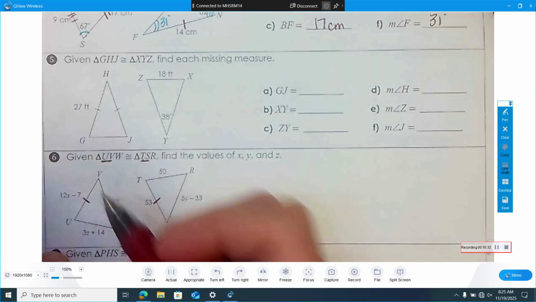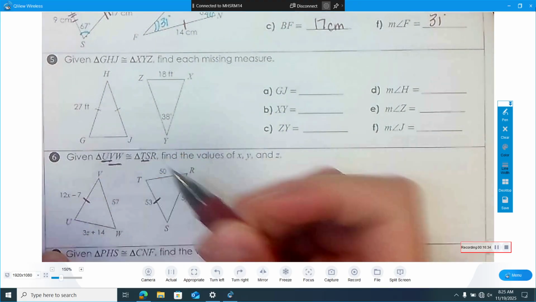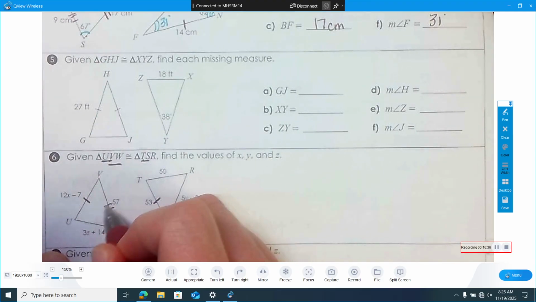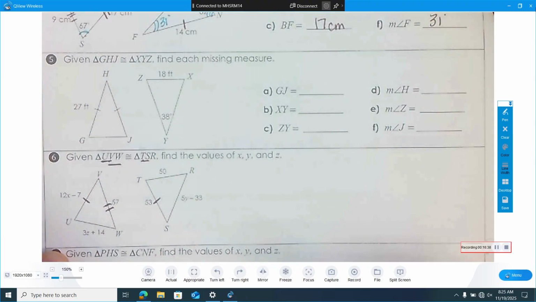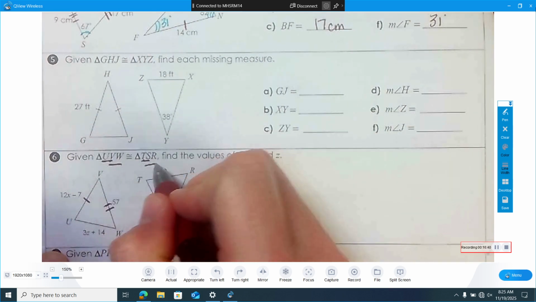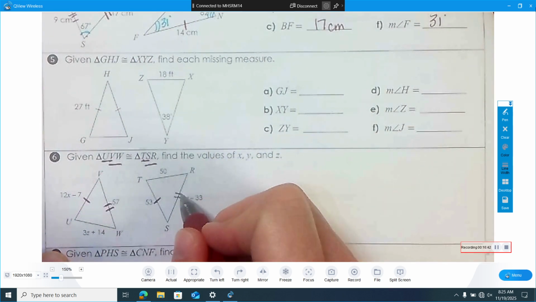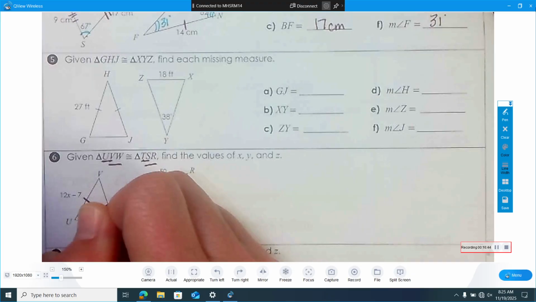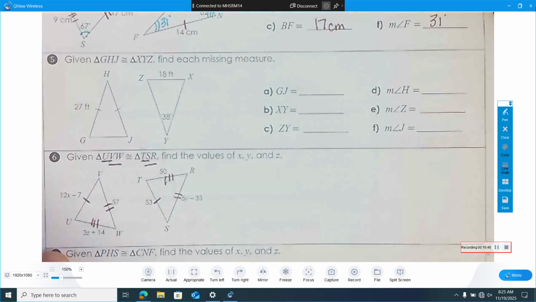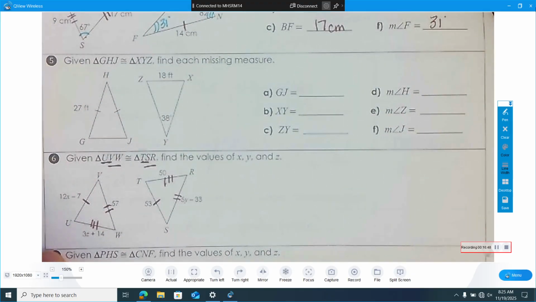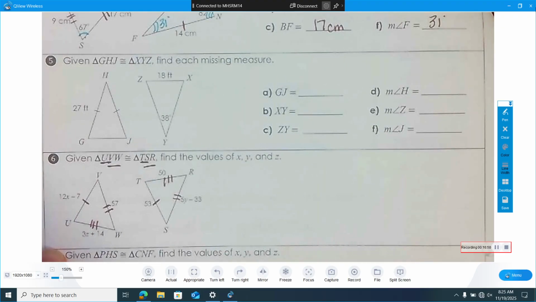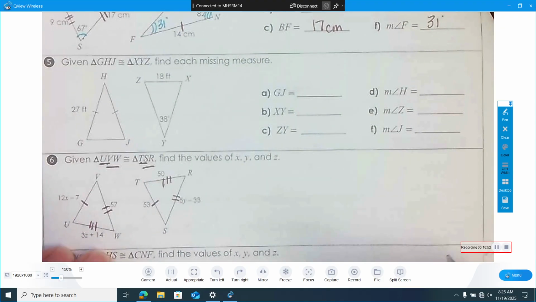I have VW, so I'm going to give that a double tick mark. What's VW going to match up with? SR, double tick mark. And then the third sides, 1, 2, 3, 1, 2, 3 must match by process of elimination. Okay, which means we can write 3 easy equations here. What's one equation?